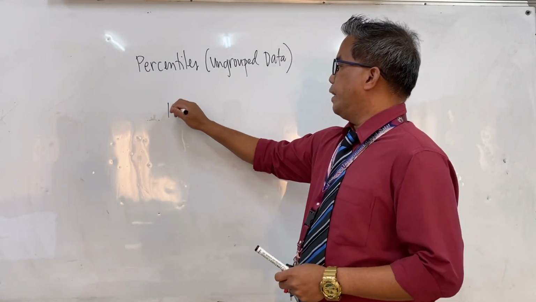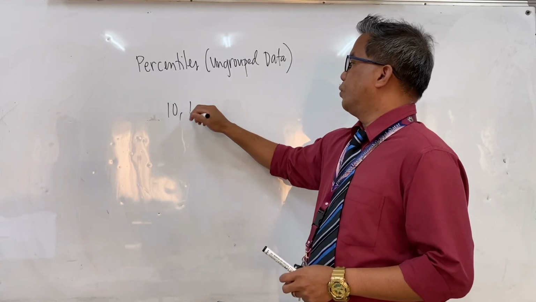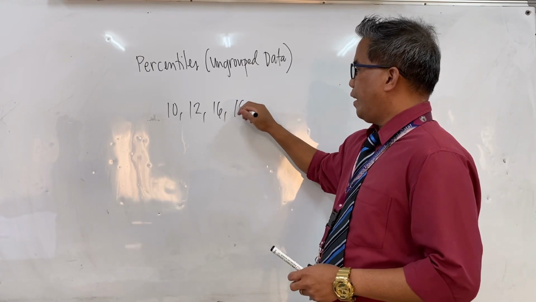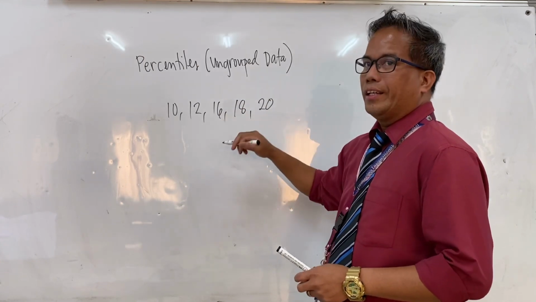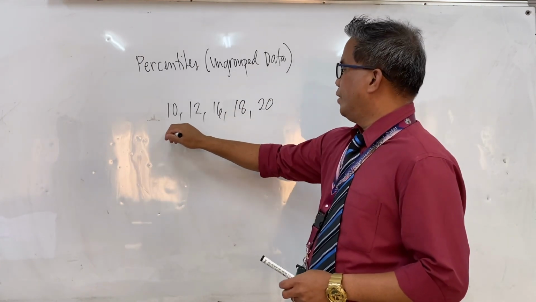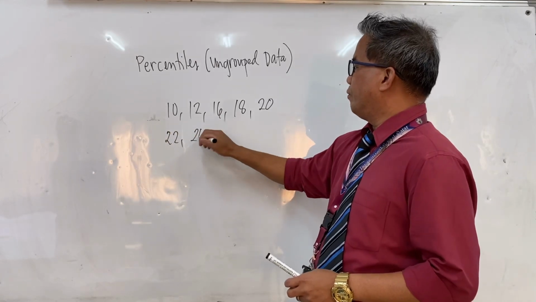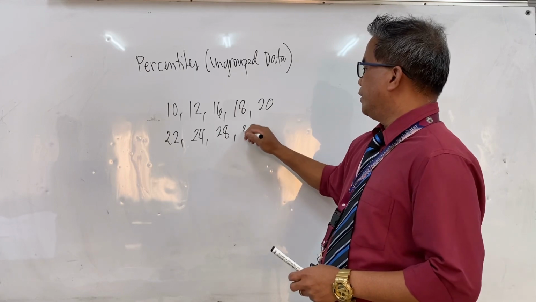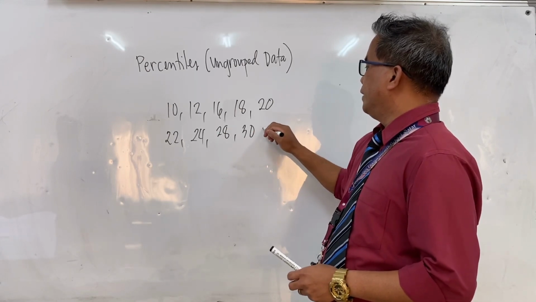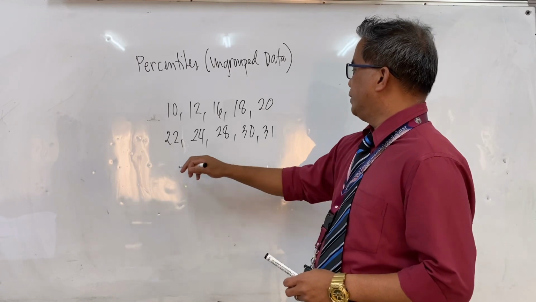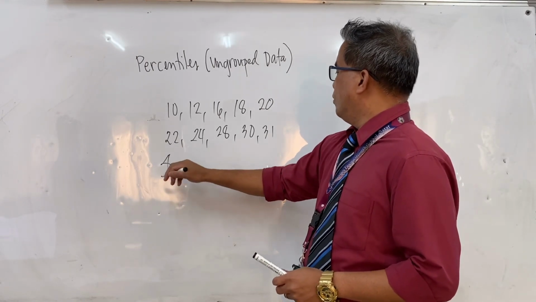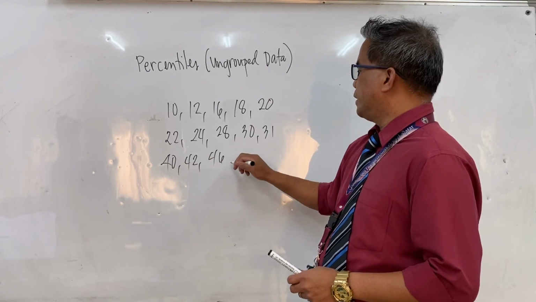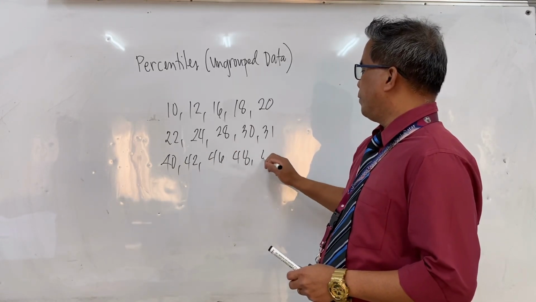Let's have 10, 12, 16, 18, 20, 22, 24, 28, 30, 31, 40, 42, 46, 48, 50.